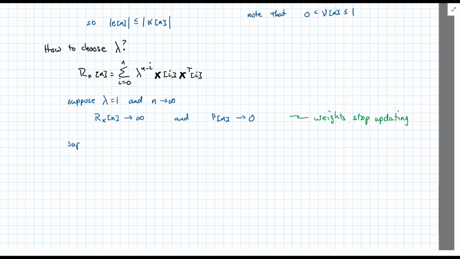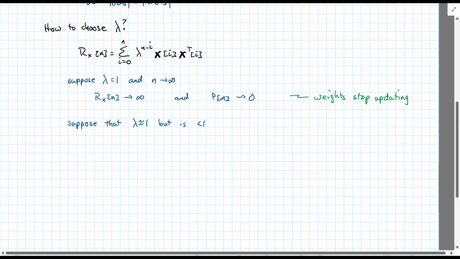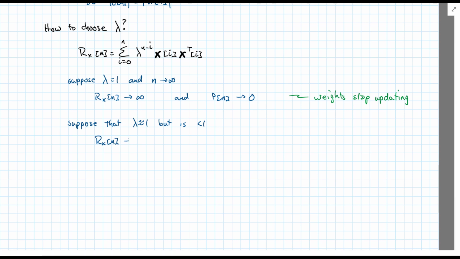Now suppose that lambda is approximately equal to 1, but is less than 1. Okay, what happens there is Rx of n gets large, but it doesn't become infinite. And P of n would accordingly be, since it's the inverse of Rx, it's going to be small.